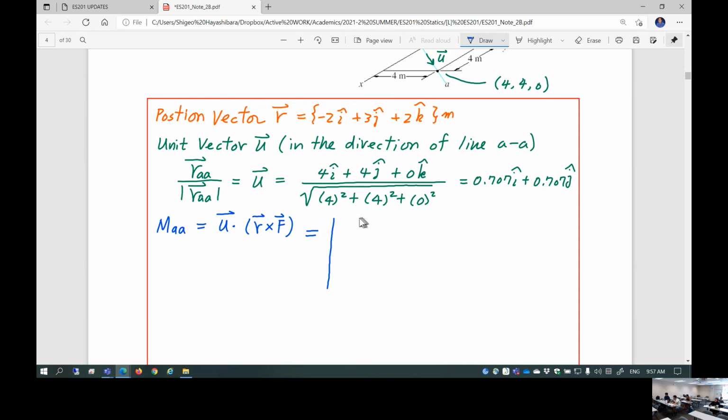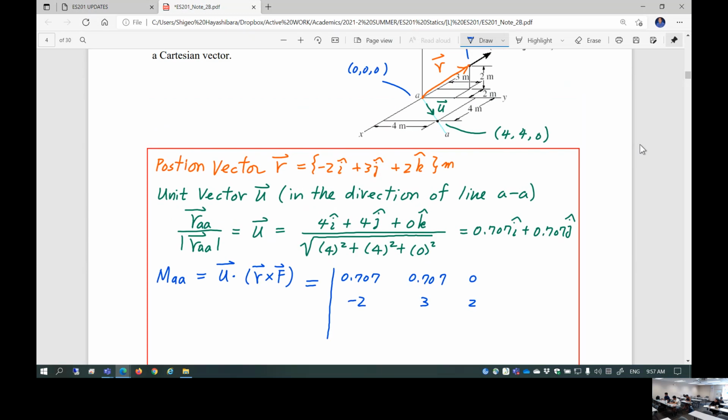I hope you can do this cross product. This is the unit vector in the direction of AA: 0.707, 0.707, and 0. The position vector is minus 2i, 3j, 2k. Force.